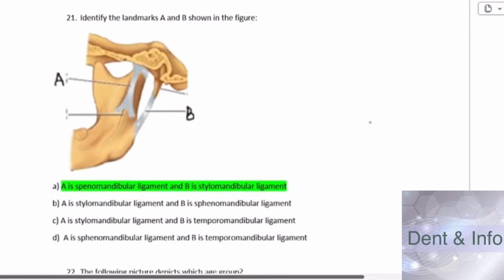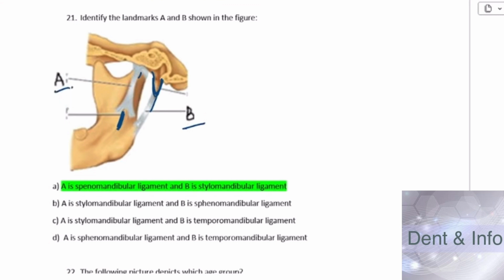Next, question number 21. Identify the landmarks A and B shown in the figure. So A is something going from the structure on the mandible, and this is the styloid process. So this is coming from the styloid process, one ligament, and one is coming from the junction part, the sphenoid part. So one is the sphenomandibular ligament and the other is the stylomandibular ligament. I hope this is your general anatomy also, an easier one to guess.